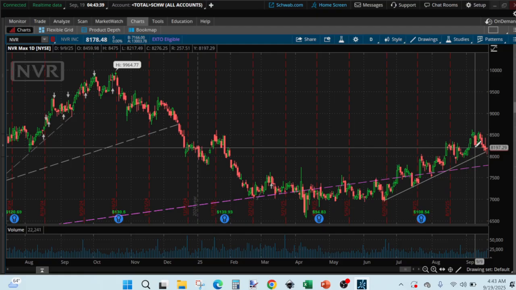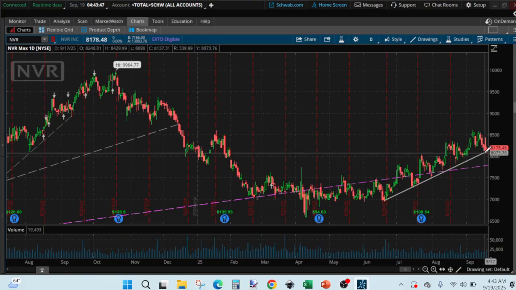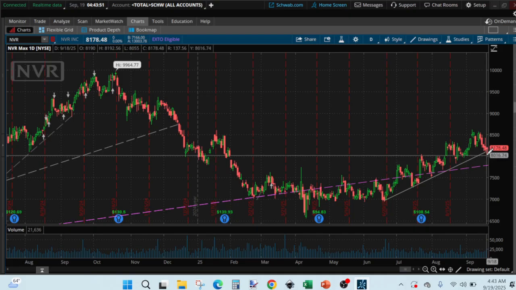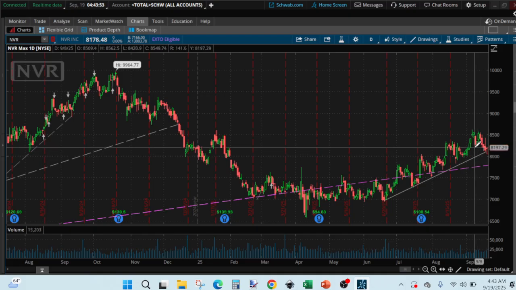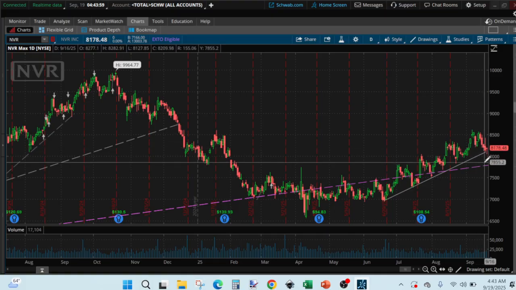So if you have not purchased these stocks yet, like you never purchased it before, for instance, I won't suggest you buy it now, because again, even though we have an uptrend line here, this red bar is lower than this one. Therefore, I don't know if we wanted to go a little bit lower.